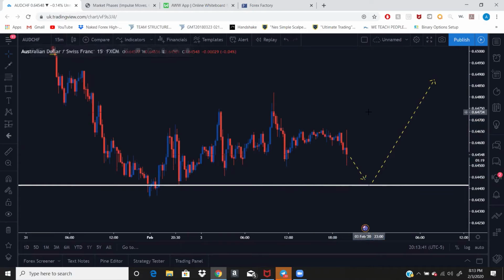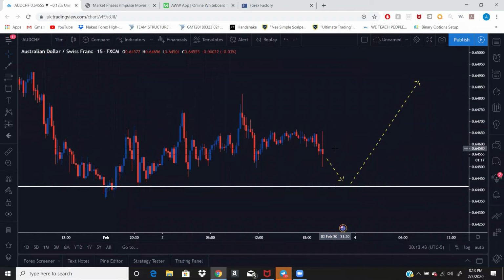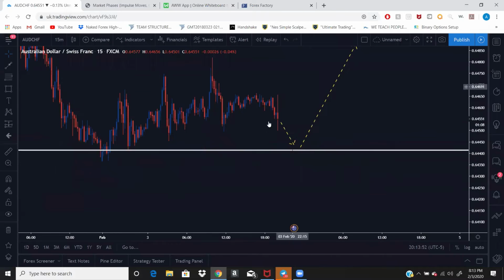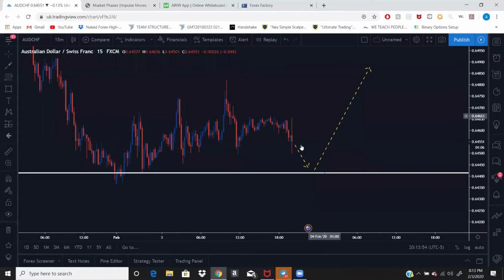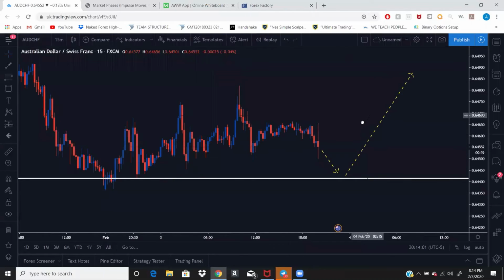Why? Because just think of it logically. They probably want to get you into thinking that this is just going to keep dropping. If it was that easy, we would all be making a lot of money. I would enter this with 200 lots right now if that was the case, right? But that's not how it works.